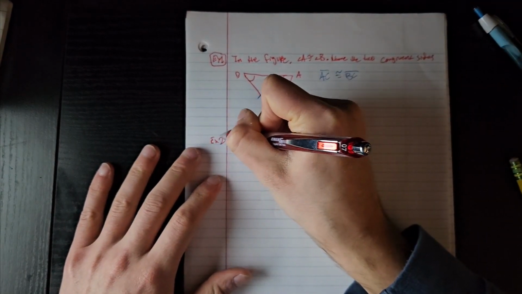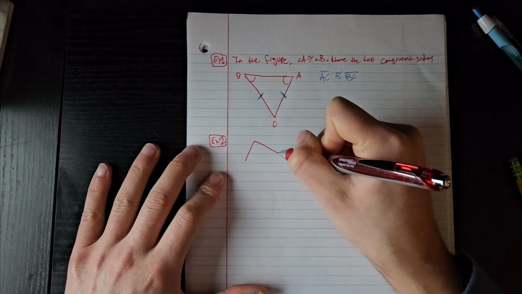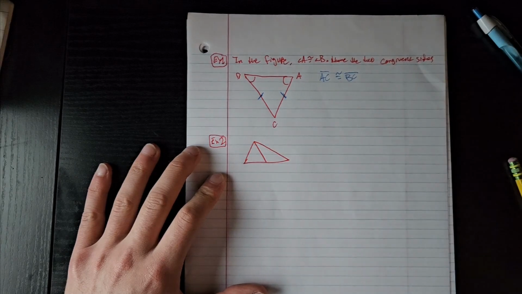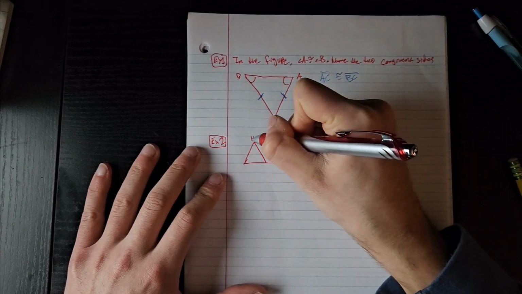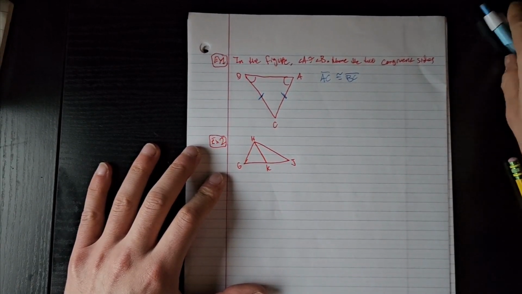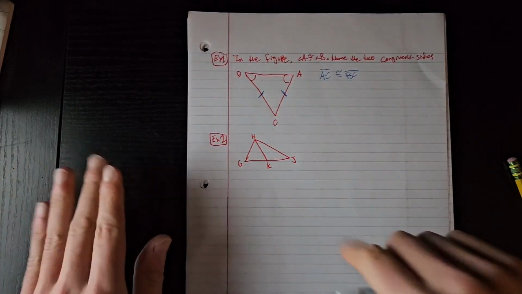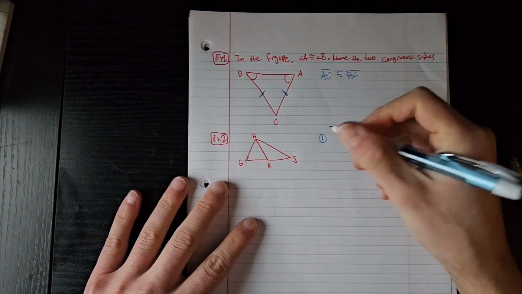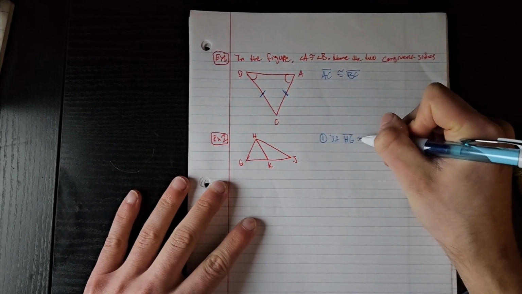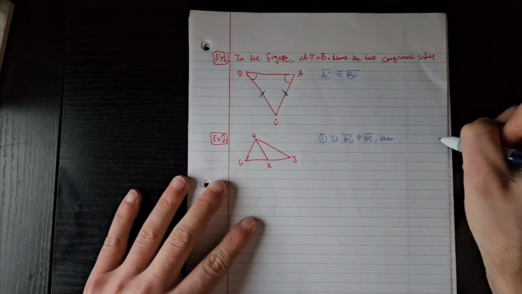Example 2. I have another example on this, so I'm going to draw my figure out. Say that's going to be my figure. Let's say we have points H, G, K, and J. Let's say for problem 1, we have: if HG is congruent to HK, then blank.